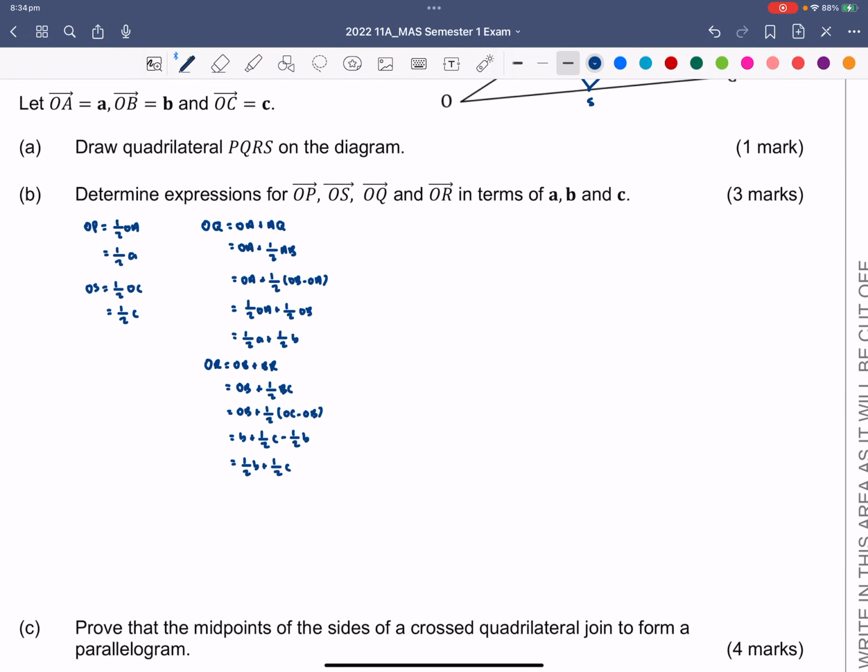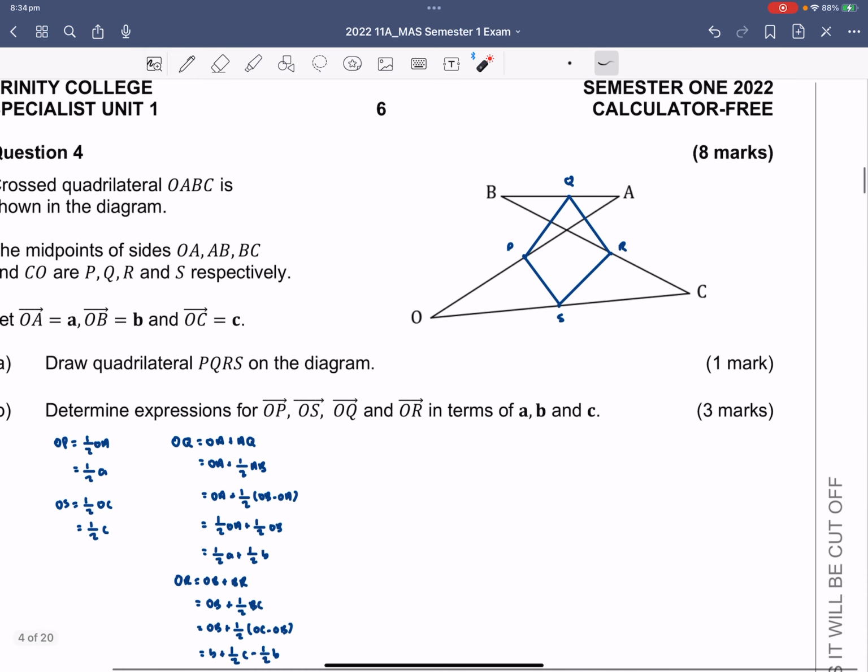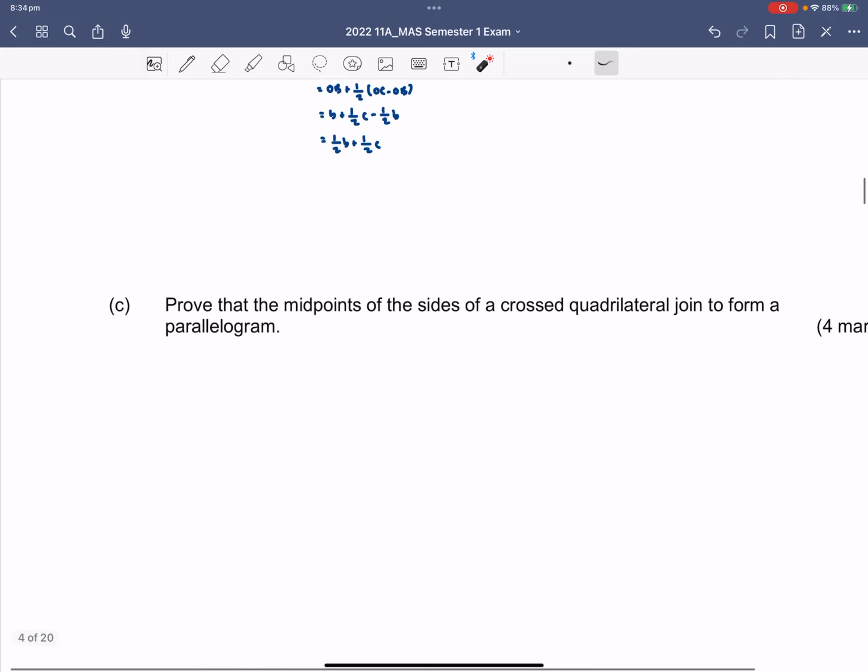Prove that the midpoints of the cross quadrilateral form a parallelogram. So these are the midpoints of the cross quadrilateral. We have to prove that they form a parallelogram. There's lots of ways of proving geometrically that things are parallelograms.